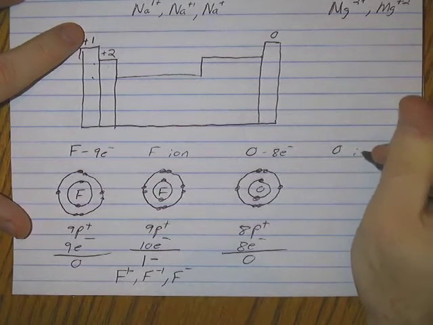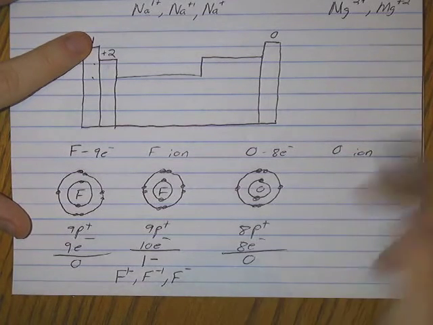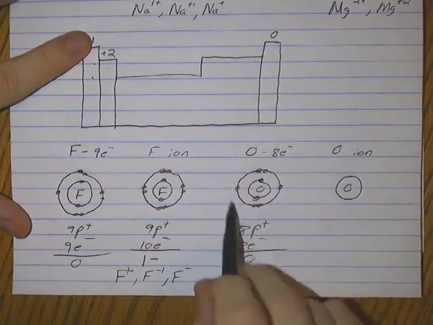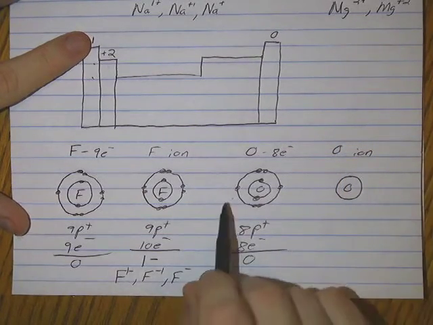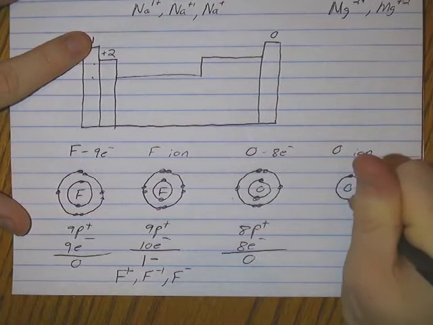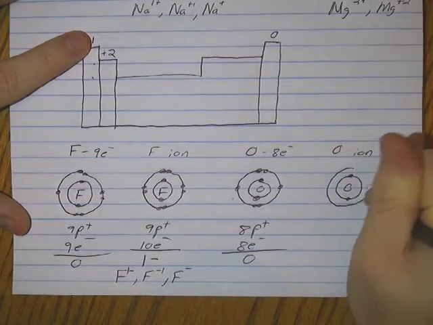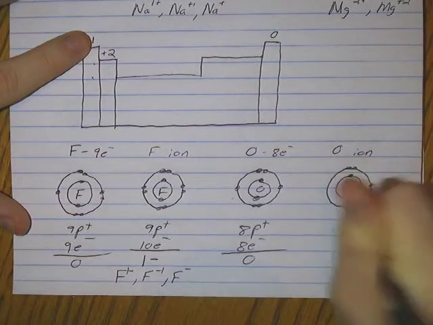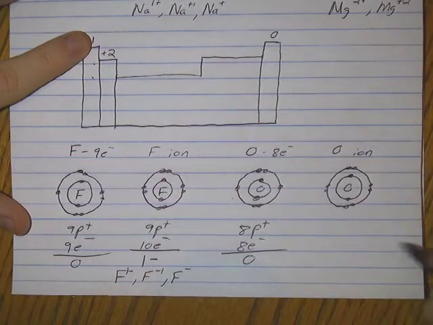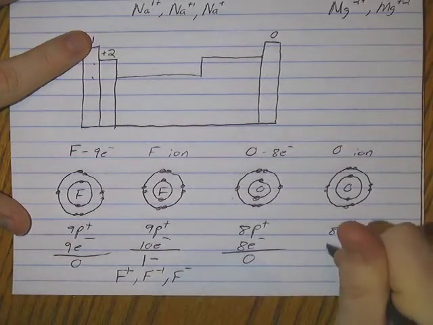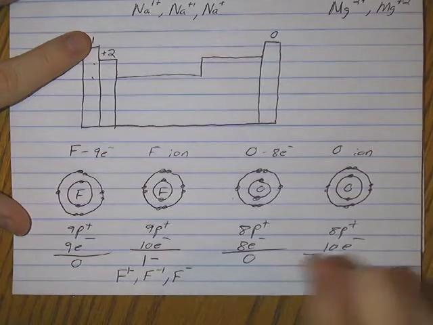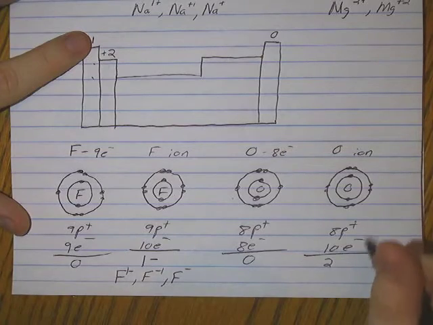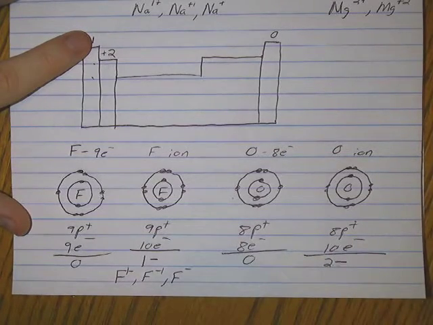In the oxygen ion, though, we're still going to have our 8 protons, but we're going to add 2 more electrons to the valence shell to fill it. And so we're going to have 8 protons, but this time we're going to have 10 electrons. And the difference is 2. And because you have more electrons than protons, the charge is minus.